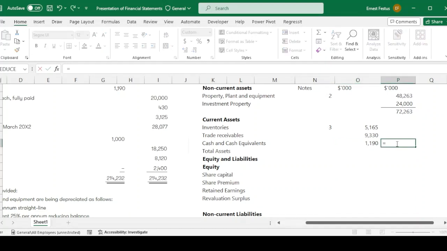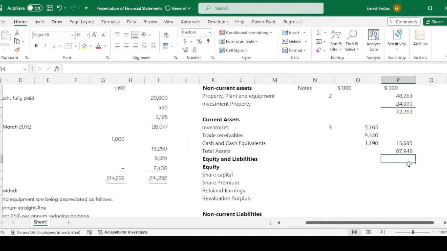So I'll have equals sum, and I'm gonna add these together, and then I'll have a sum of these two plus this. So that is the total assets for the year.